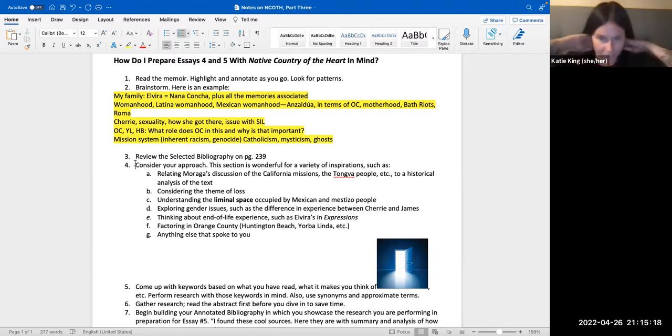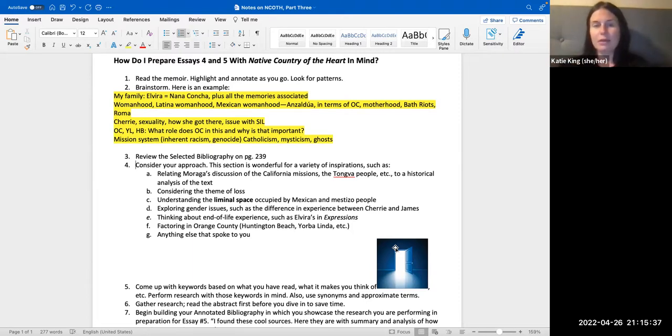Another one, and that's why I put this weird photo right here. Think about the liminal space that's occupied not only by Cherrie herself, but by Mexican people, by Mestizo people, by women, right? By any number of people.